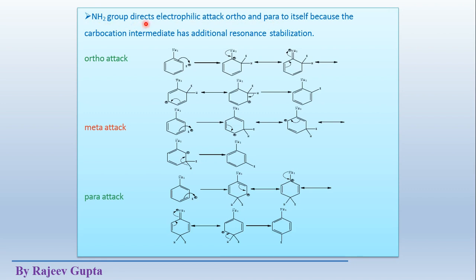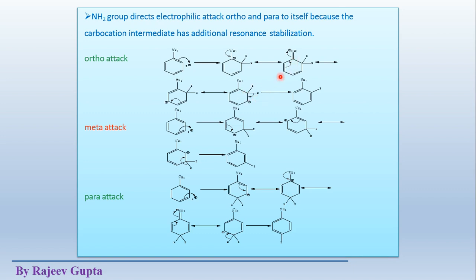These groups direct electrophilic attack to the ortho and para positions, because the carbocation intermediate has additional resonance stability compared to meta attack. See, in ortho attack we add this electrophile on the ortho position and we get this positive charge on this ipso position. Means all the resonating structures are very similar to what we have seen for methyl or alkyl groups.